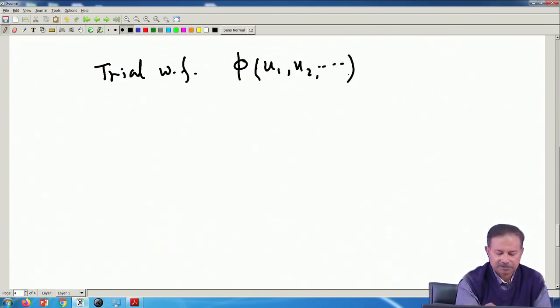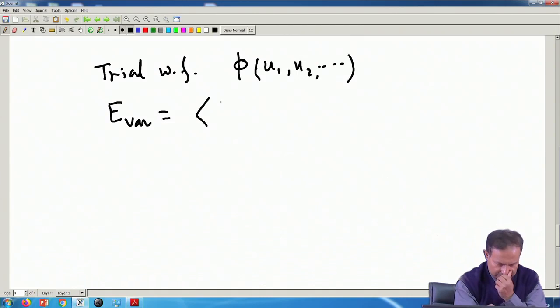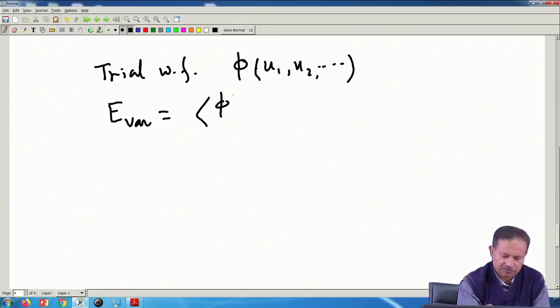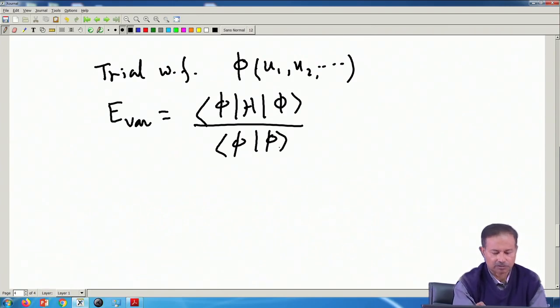and then the variational energy is the expectation value of phi with respect to H, divided by phi phi. If phi is not normalized, then you have to divide by phi phi, this denominator.